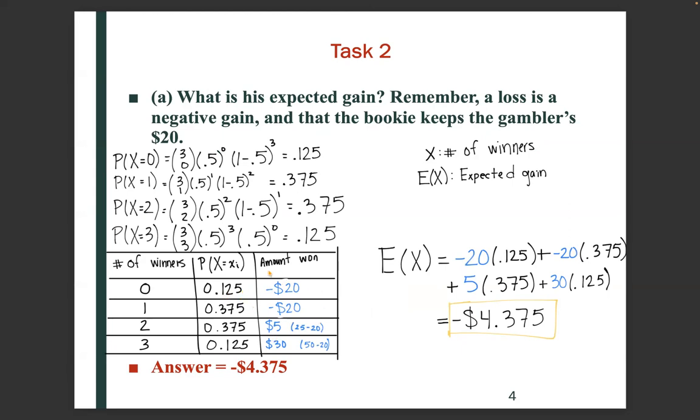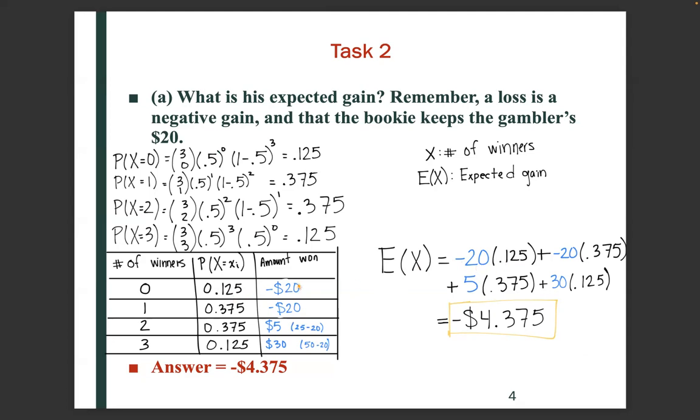So now we're set up well to be able to calculate the expected gain. The expectation of x equals, we're going to take this value, the amount won, and multiply it by the associated probability.